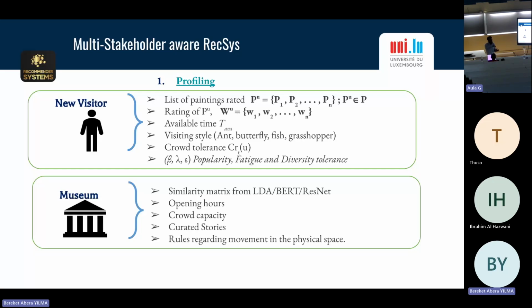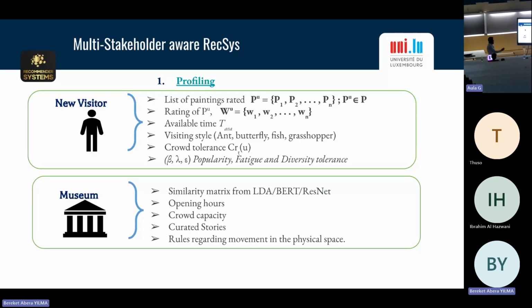So we want to strike this good balance. But still, the user could have different tolerance. I want to learn something new, but not too much. I want to learn maybe 1 or 2 new paintings, but still I want my recommendation to match my profile. Some users might be flexible: I want to learn something completely new, play with my preferences and give me something new. So this is also some kind of tolerance value that you can collect from the visitors.